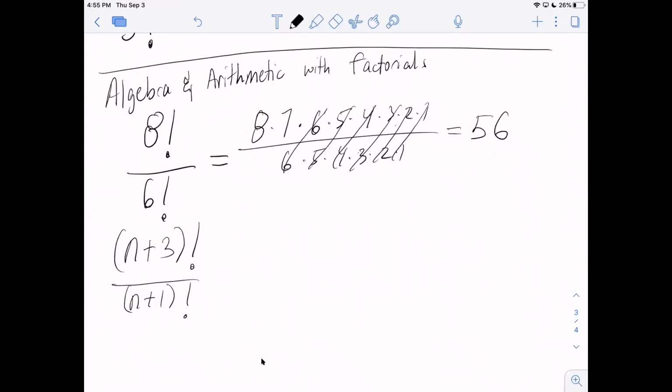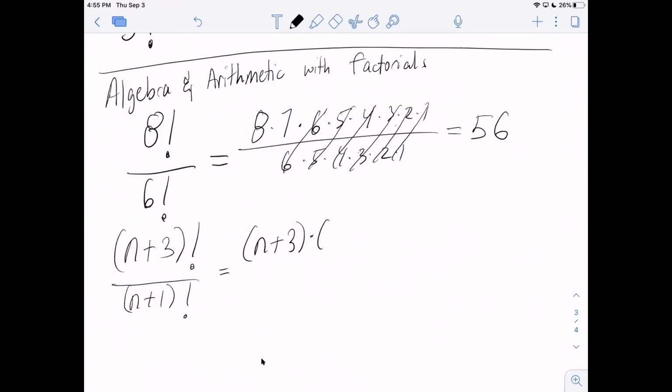Could you do the factorial like plus 3 and plus 2 and plus 1? Nice. Yeah, it's a little bit weird, but very good. We do n plus 3 because that's the first number. Whenever you do a factorial, you always start with that first number, and then you just keep counting down.